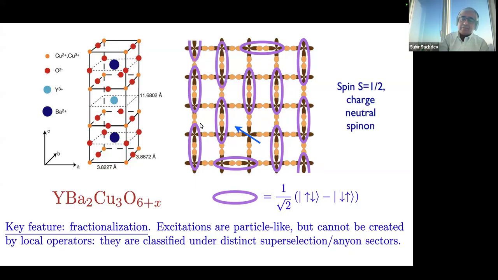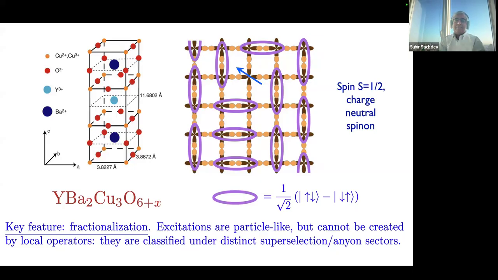And now we are left with just a spin-half on its own. And this is the true excitation of the state, which can move around and carry spin-half. So what you notice as it's moving is carrying spin-half, but not moving any charge. And that's a strikingly new type of particle, which we now call a spinon.